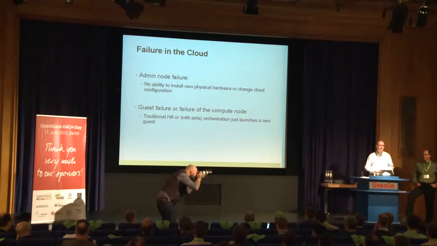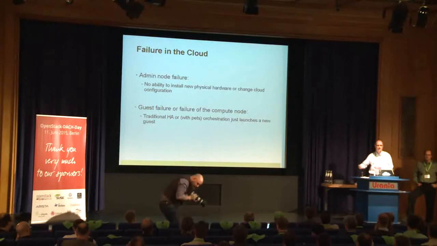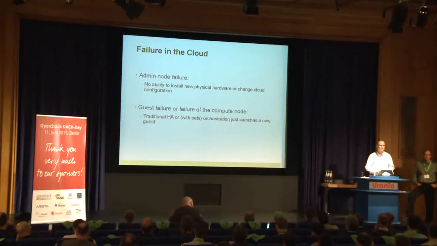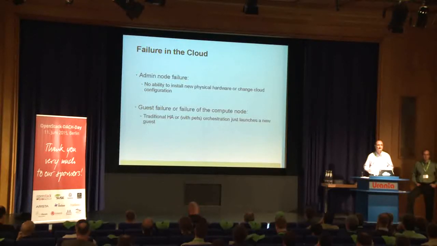On the other side, we have the compute nodes, which will be redundant anyway, because you will have them for scalability. And on your compute nodes, you have your guests. As already said, OpenStack loves all the cattle. So a failure of a cattle guest will not impact the service at all. So we don't have to take care of it.